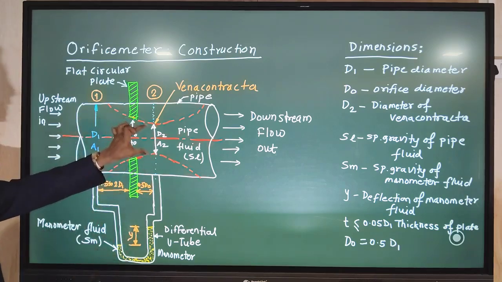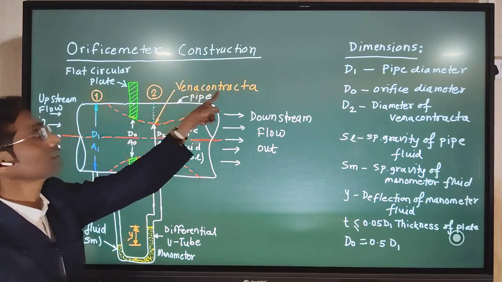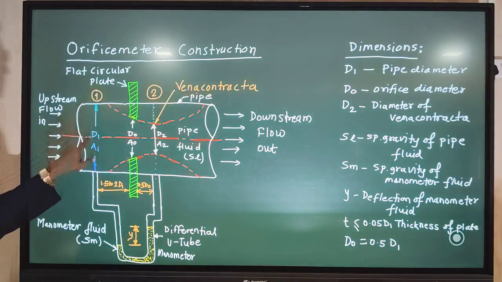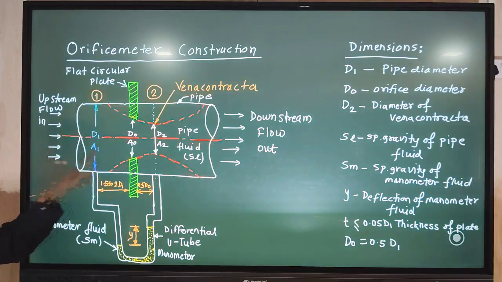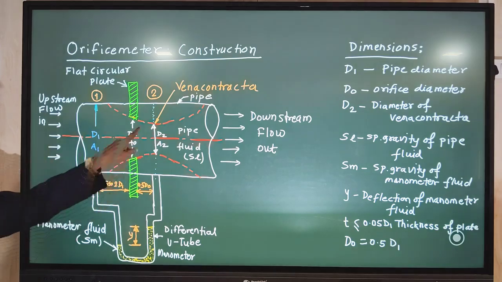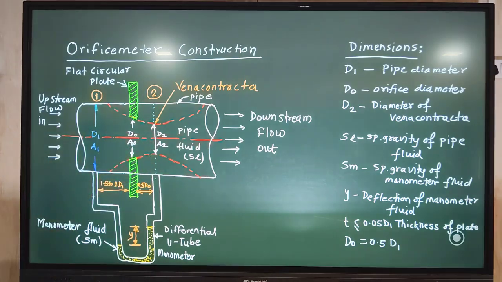The location of the least diameter is called the vena contracta. Similarly, for the pipe diameter D1, the area will be A1. For the orifice circular hole of diameter D0, the area will be A0. For the vena contracta diameter D2, the area is A2.